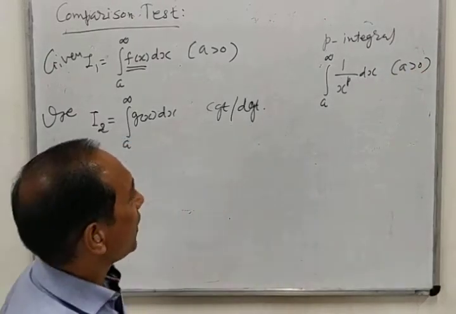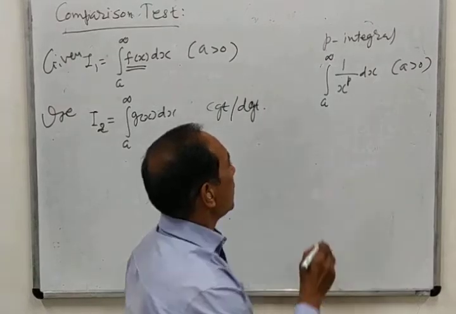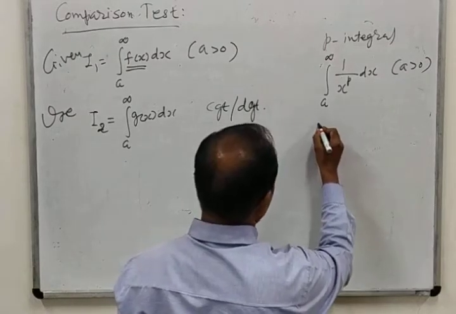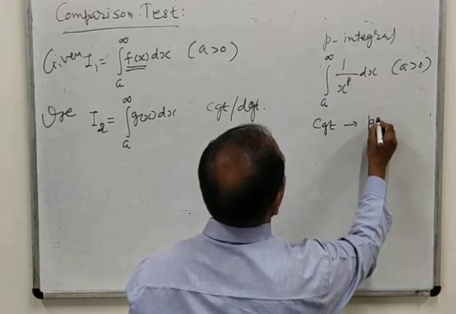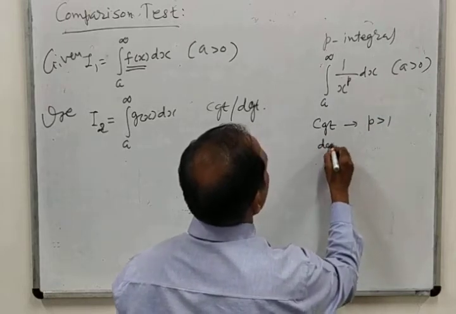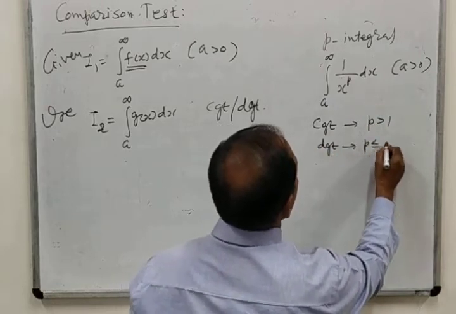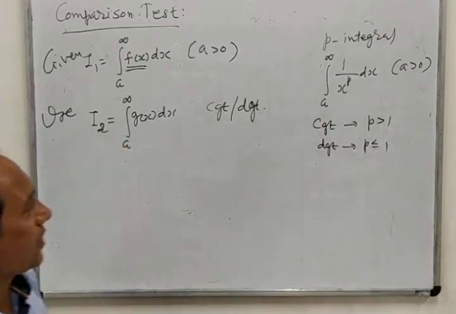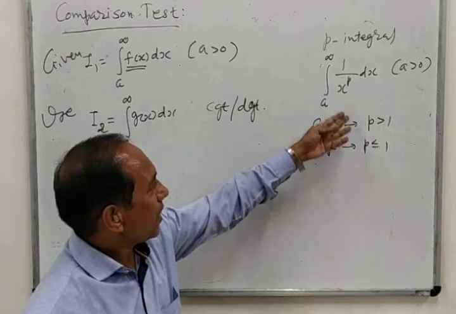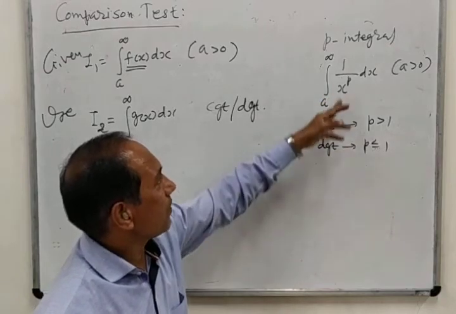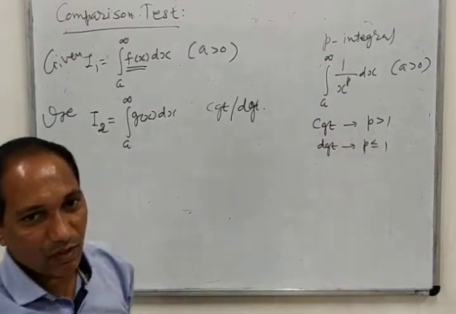You may have observed, this is convergent when p is greater than 1, and divergent when p is less than or equal to 1. So I told you that you must remember this result, because we know very well about its convergence or divergence due to this theorem.